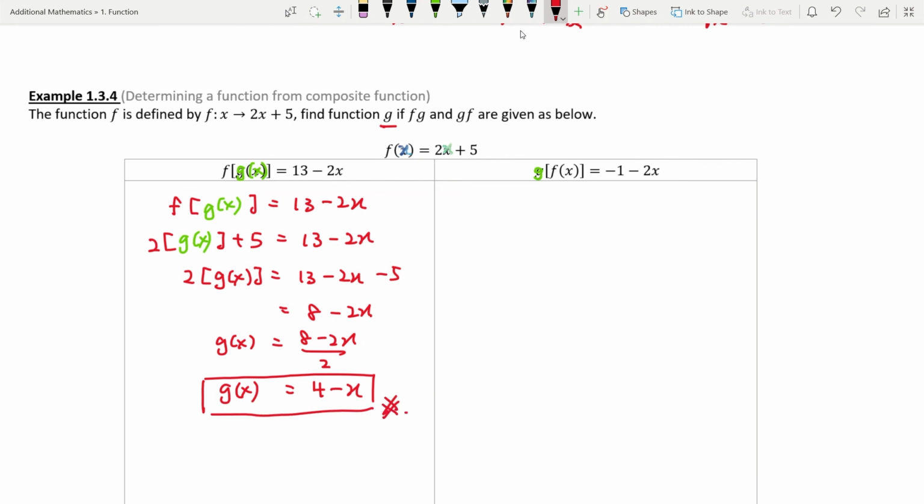For the second case, the g(x) is the outside. We have g of f(x) equals negative 1 minus 2x. However, we do not have the function g. What we can do is substitute the f(x) instead.